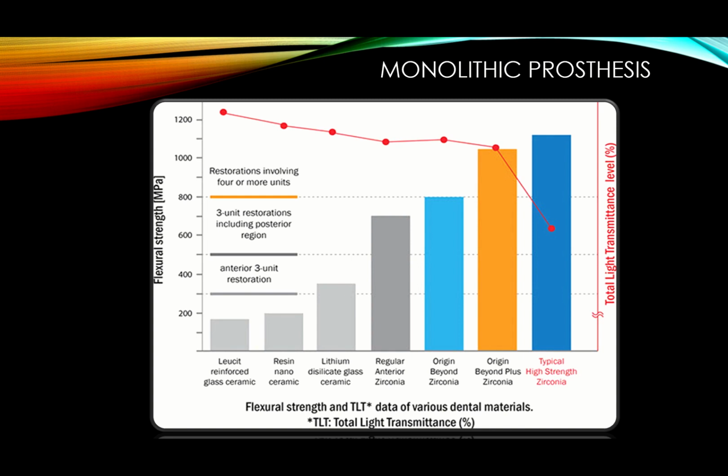More translucent, weaker; less translucent, stronger. That's what this says. In leucite-reinforced or glass ceramics and lithium disilicates, the bars are really up when you discuss light transmission or translucency. Once you go into zirconia, it starts dropping down until we get to high-strength zirconia, 3Y-stabilized tetragonal zirconia. You're talking about very low light transmission, very low translucency.